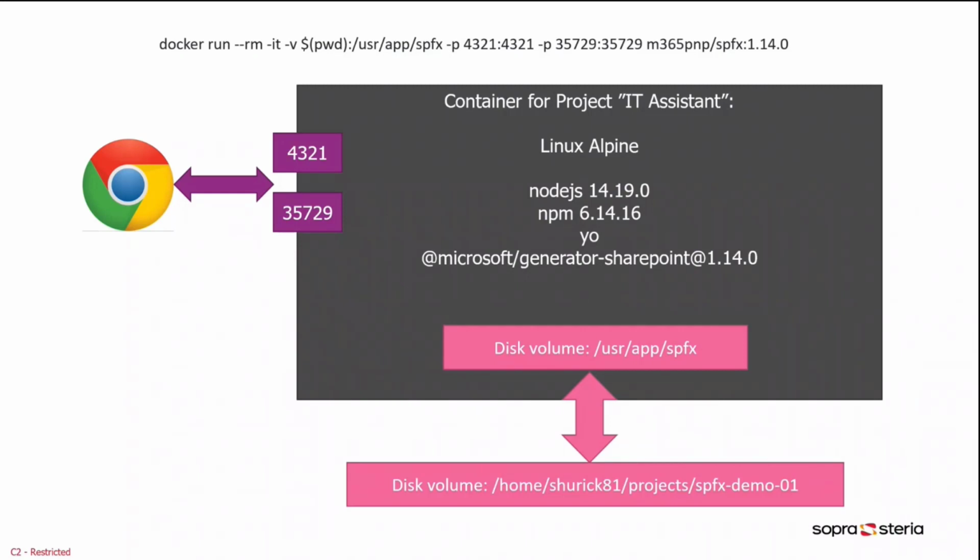So when I run a command in this container, it will work with my files, with my SharePoint Framework files, not even understanding that it is really working remotely. So that's what we did here.